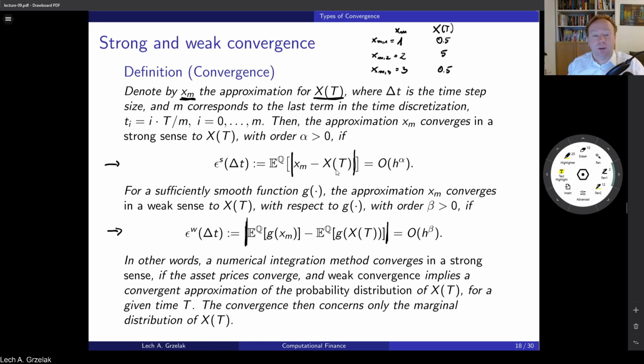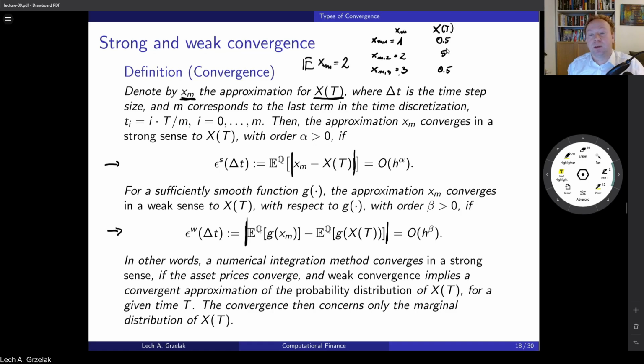So we start with the weak convergence. Weak convergence means we take expectation of the first function. So let's define our function g equal to just xm. So essentially, we are just looking at the expectation of xm. In this case, we have 3, 5, 6, so we have a 2. The expectation of xm is equal to 2.